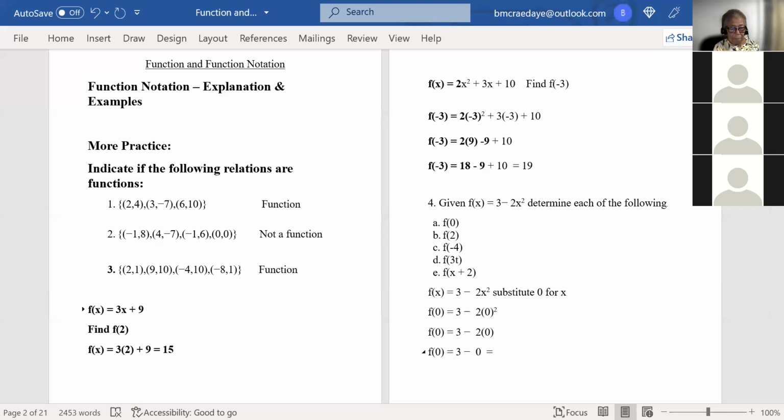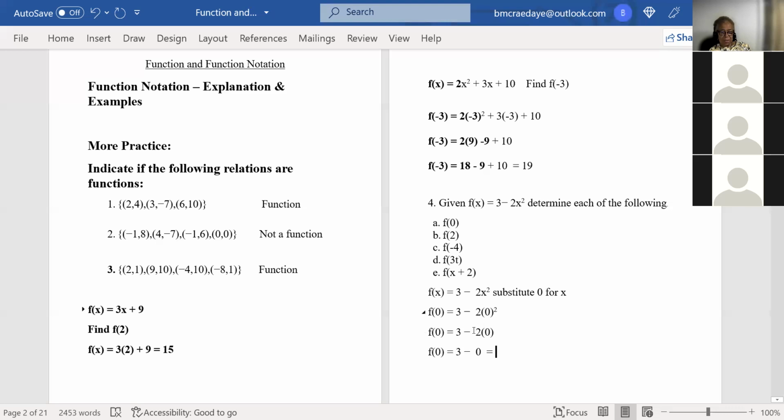We have to redo it because I started getting a little confused there. Okay, you substitute the 0 for the x, and there we go, right here. So 0 squared was x squared, but we put the 0 for the x. So that's 2 times 0 squared. 0 squared is 0 times 0, which is just 0.